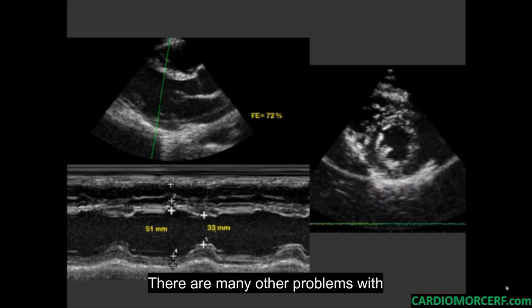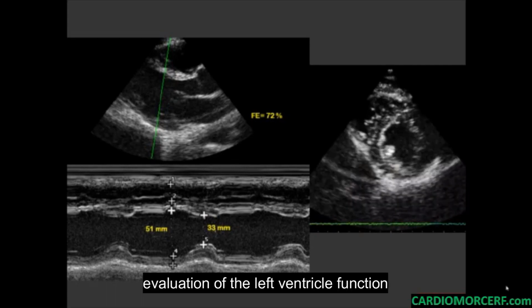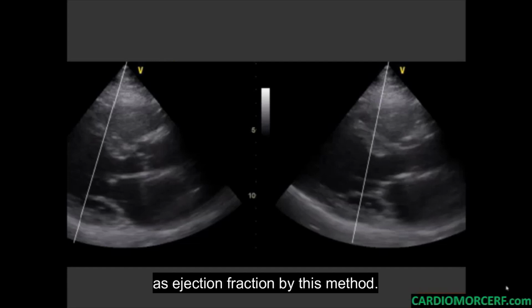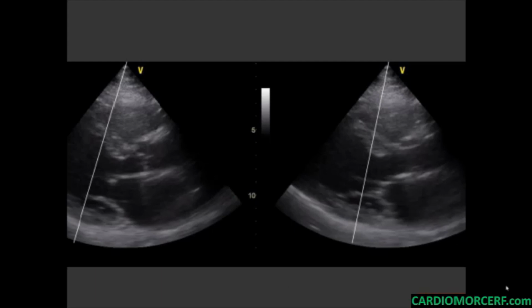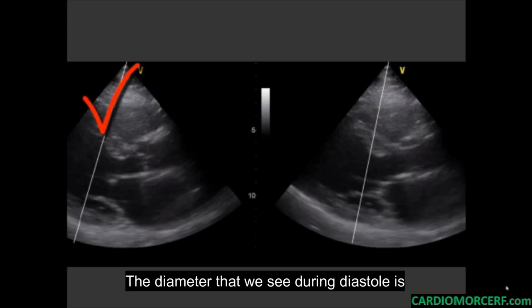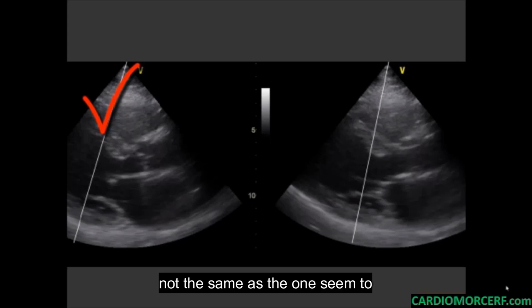There are many other problems with evaluation of the left ventricle function as ejection fraction by this method. One of these issues is that the heart moves apically during systole and returns during diastole. Then, if we locate the M-mode cursor in a region, let's say it is here, the diameter that we see during diastole is not the same as the one seen during systole.